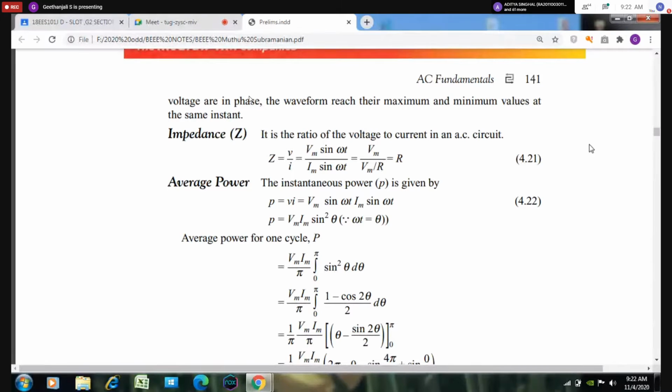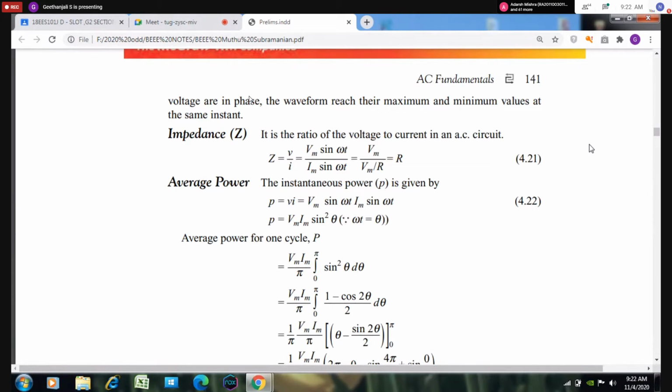Next, we move on to the impedance. Already I told you that in the AC circuit, instead of resistance, we have to use the impedance term. The impedance is given by Z. It is the ratio of the voltage to current in an AC circuit. Only in a pure resistive circuit will the resistance be available.